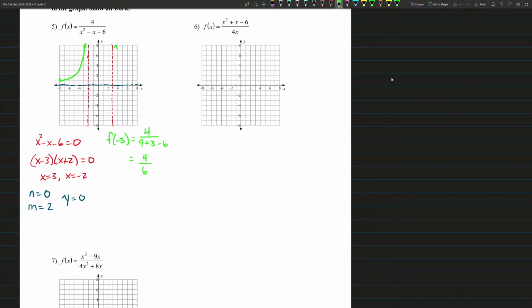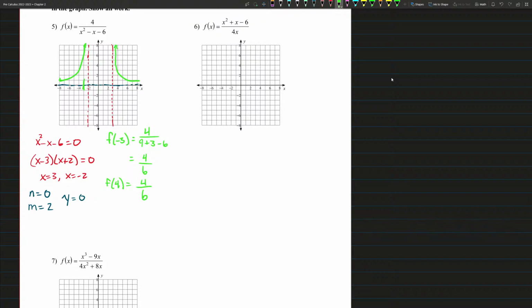All right, so we tested negative 3. That's right here. When we plug in negative 3, we get something above the asymptote, so everything is above. Let's go to the right now. If we plug in f of 4, we get 4 over 16 minus 4, that's 12, 12 minus 6 is 6. So we get the same thing, above the vertical asymptote, so we get something that looks like this.